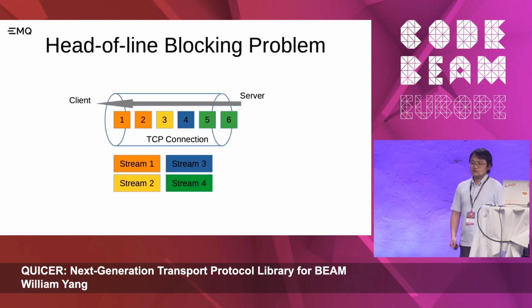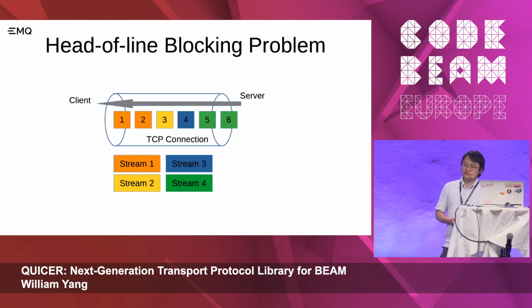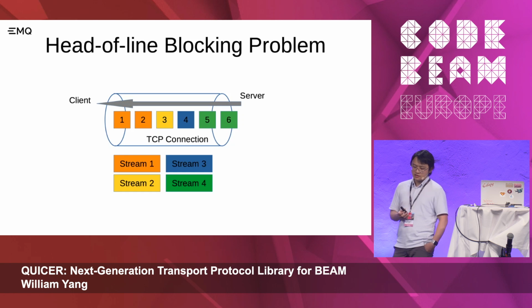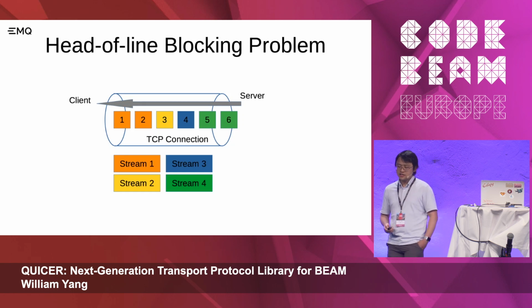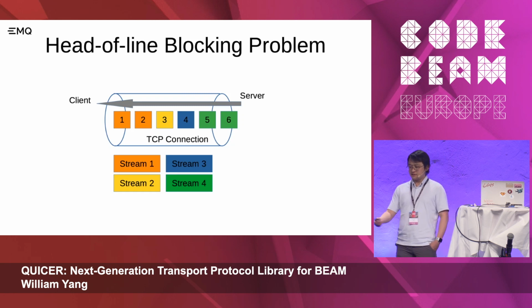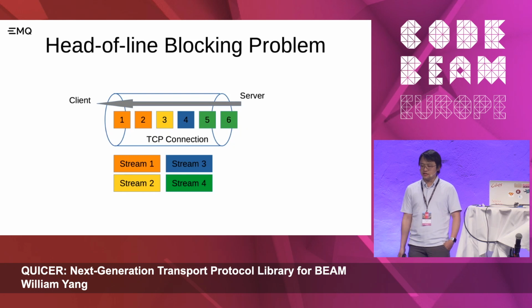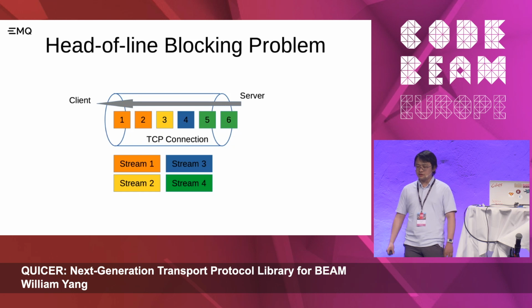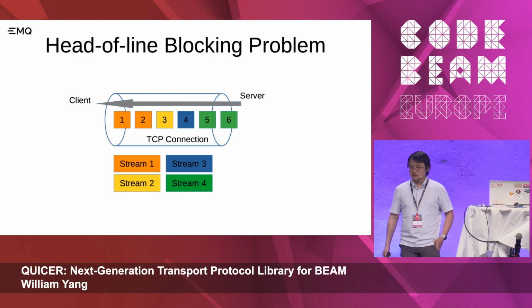QUIC also tries to solve the head-of-line blocking issue. Let me explain what the head-of-line blocking issue is. Imagine that we have a TCP connection, and in this TCP connection we have 4 HTTP/2 streams. They are all sent in this order, and in this picture I color the frames with different colors, so you can see it.